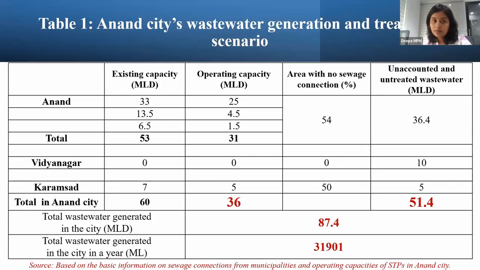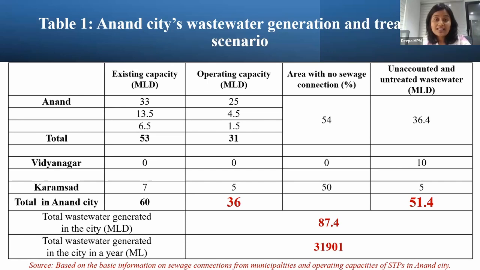So this table gives us information about the wastewater generation and treatment scenario in Anand city. As I mentioned, Anand, Vidyanagar, and Karamsad are the administrative areas. Anand as a whole has 53 MLD existing treatment capacity for wastewater.